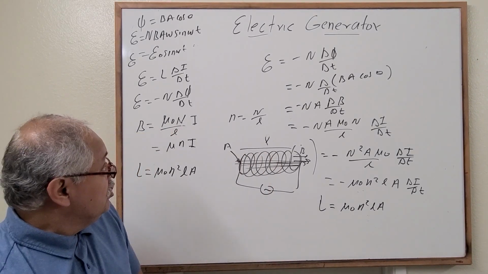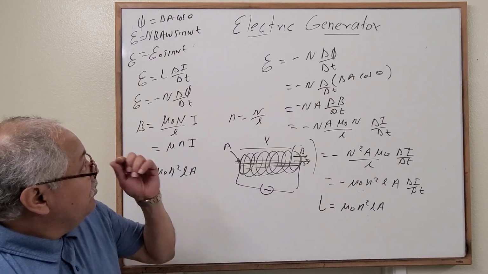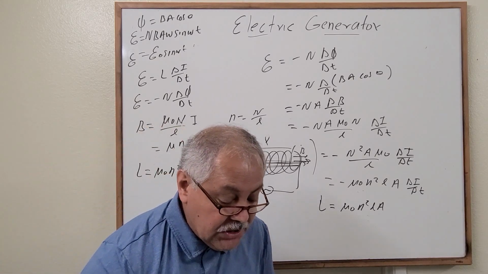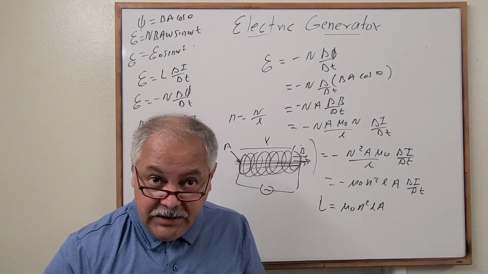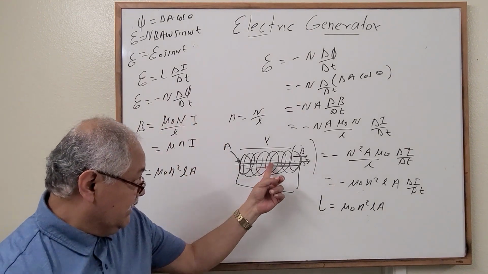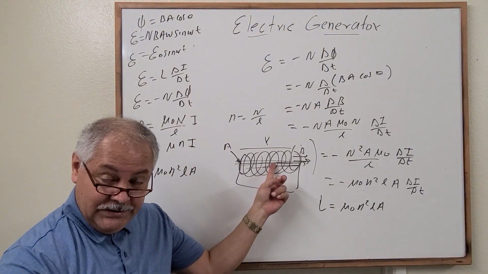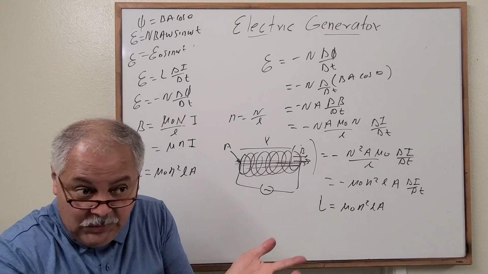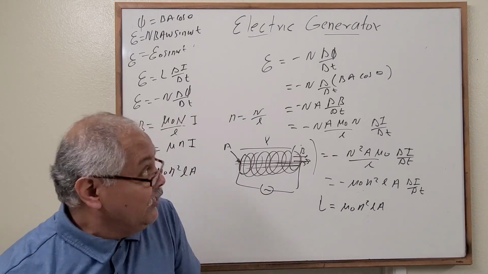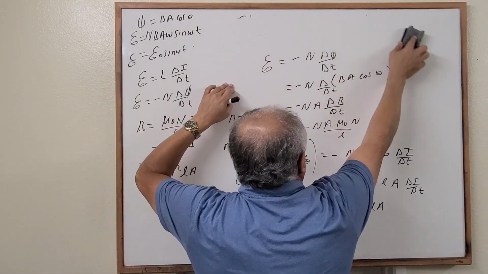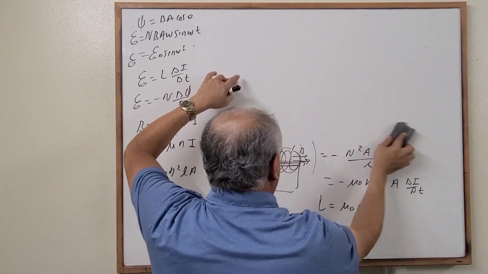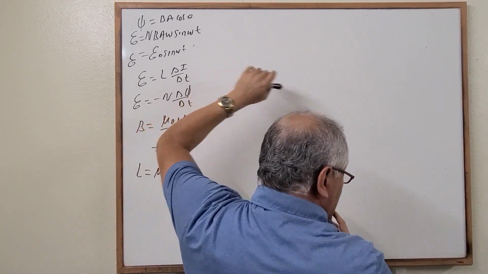Now, let's go to the next topic, which is the energy stored in a magnetic field, or the energy stored in a solenoid, which has a magnetic field inside. Okay, let's do it.